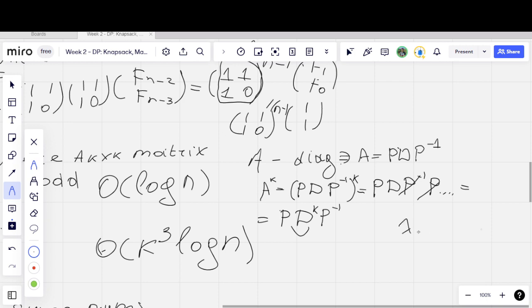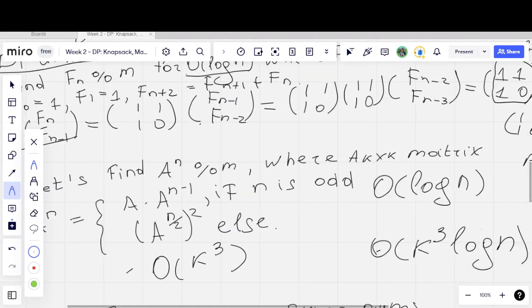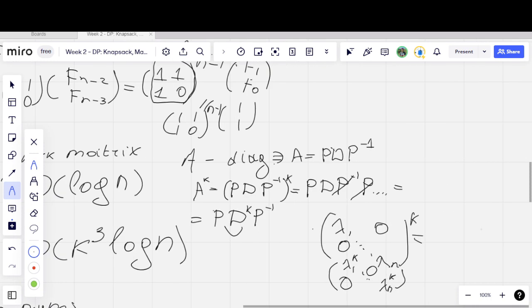If this matrix looks like this, and we raise it to the power of k, it will just be the entries raised to k. Here we can use the same approach, and it will be faster. So, beautiful, isn't it?